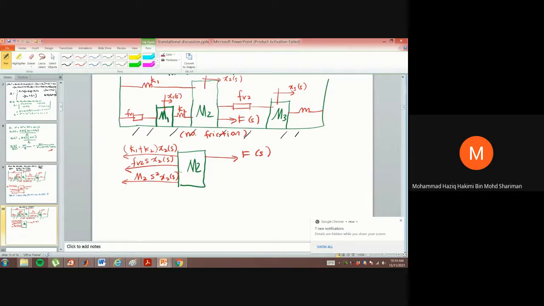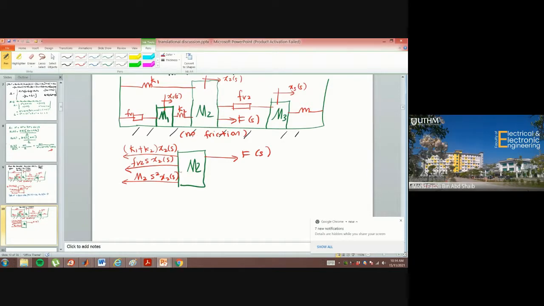Fv2. We have Fv2, right? This one is M2 and M3, right? M2 and M3. Betul?